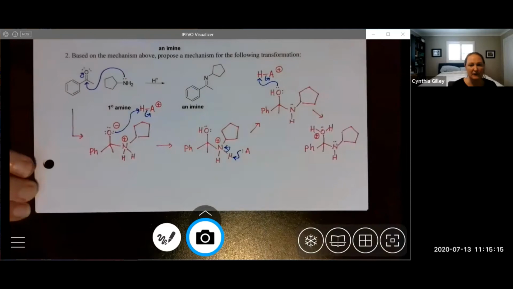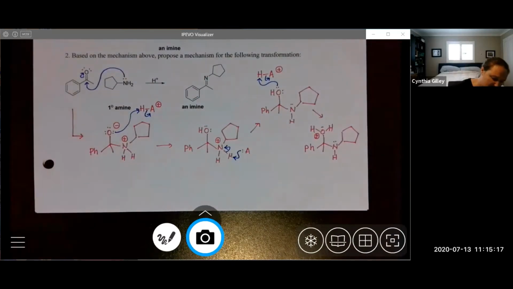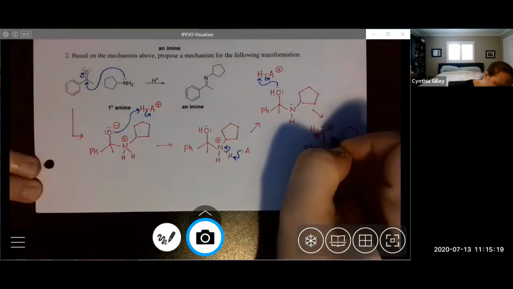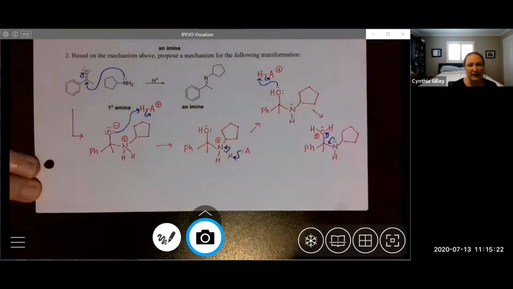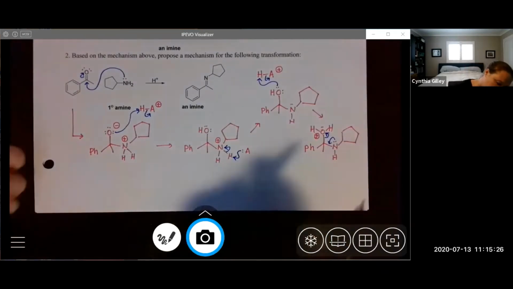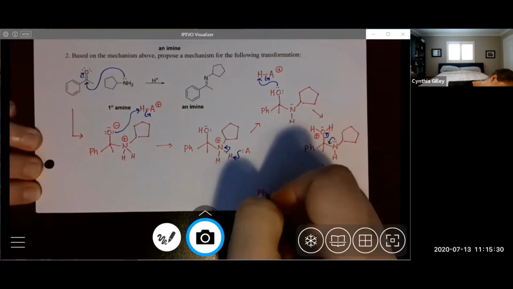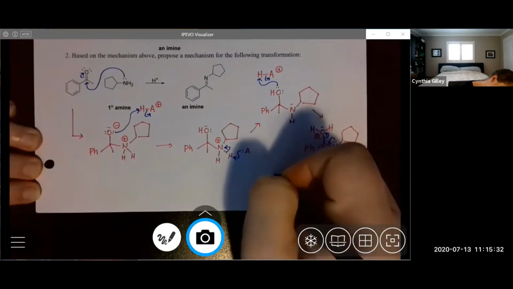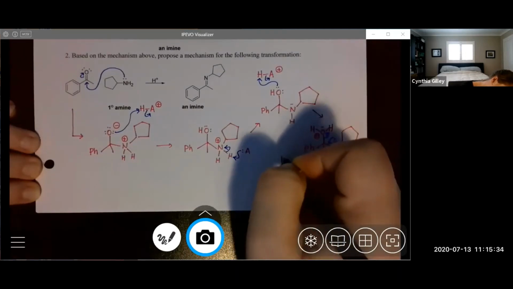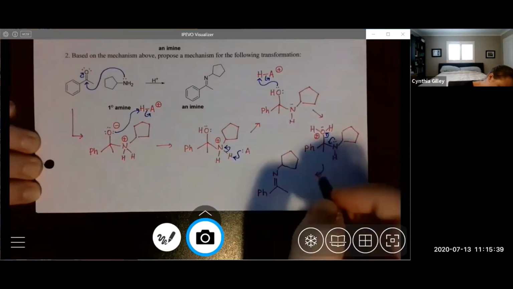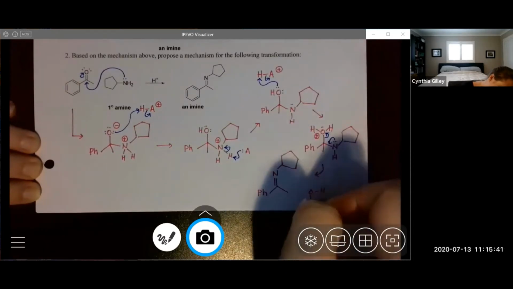And now we have a good leaving group, so we can go ahead and do loss of a leaving group. The water can get kicked out, and show a resonance arrow at the same time. So we kicked out some water, so we'll draw that in as well.